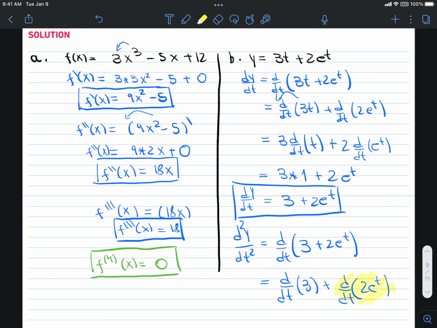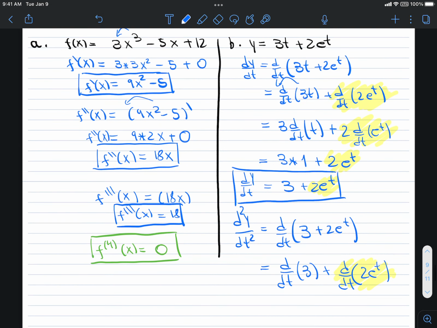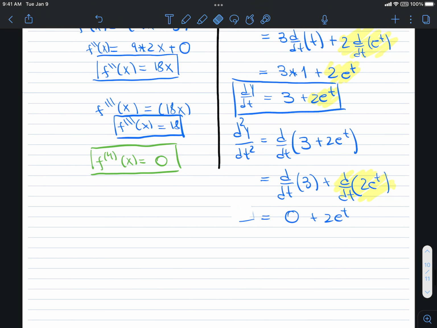The derivative of 2e to the t, I calculated previously, and I got 2e to the t. So I'll skip some steps, and I'll just get the derivative of 3 equals 0 plus 2e to the t. So the second derivative of y is 2e to the t.